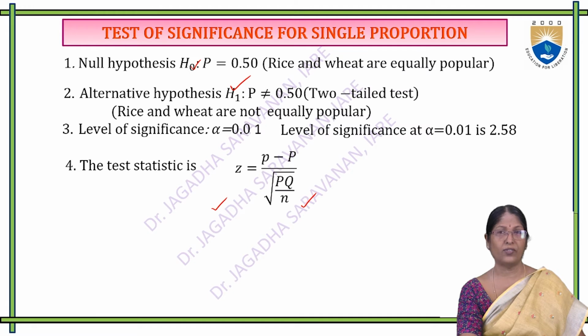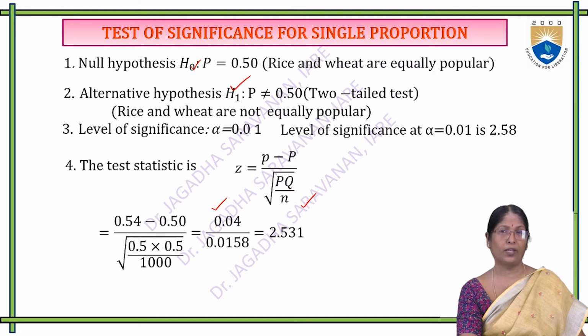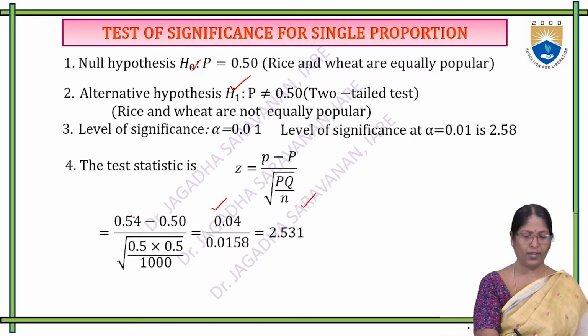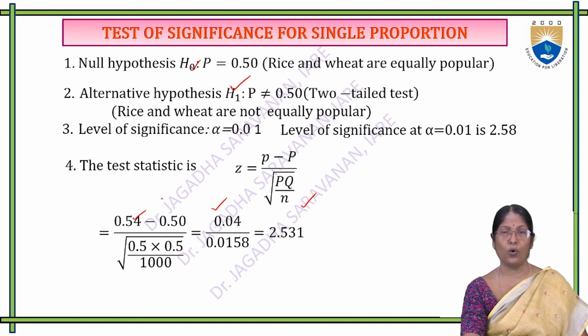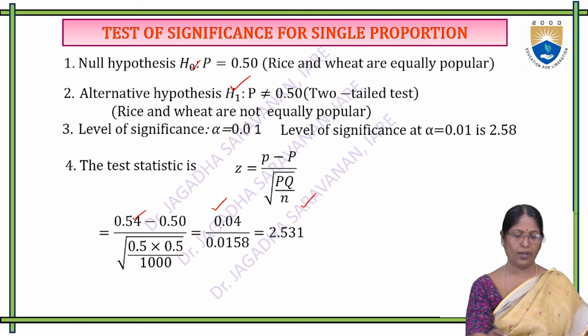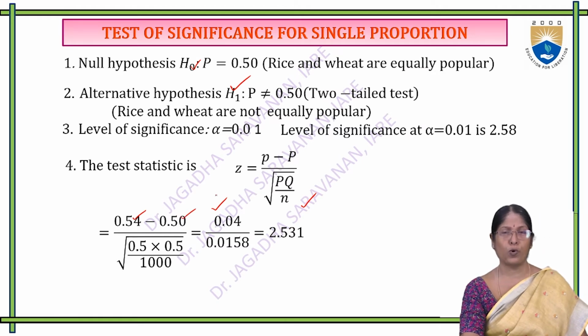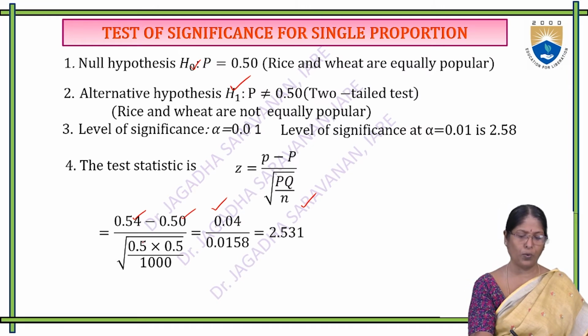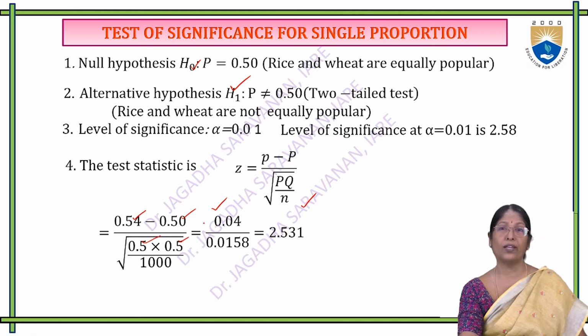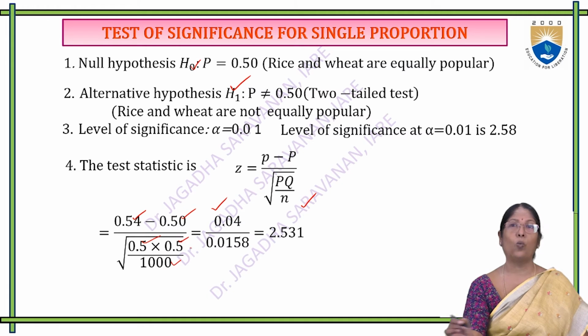The test statistic is Z equal to small p minus capital P divided by square root of PQ by N. So in the respective places we can substitute the data: 0.54, the sample proportion, and the population proportion 0.50, divided by the square root of PQ, taking the values as 0.5 and 0.5, whereas N is 1000.